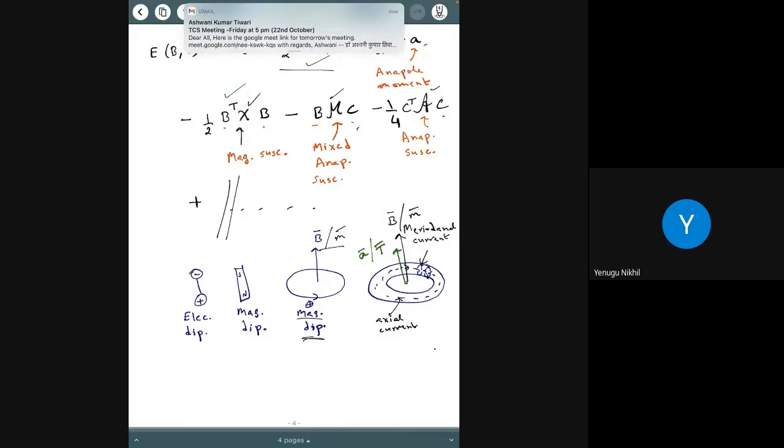Either you need a charge distribution which looks like a toroid, something like a toroidal molecule, and that would have a permanent toroidal moment. Or what has been found from, I believe, group theoretic arguments is that if you have a chiral radical, you can have a permanent anapole moment.